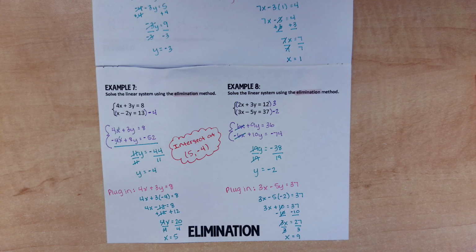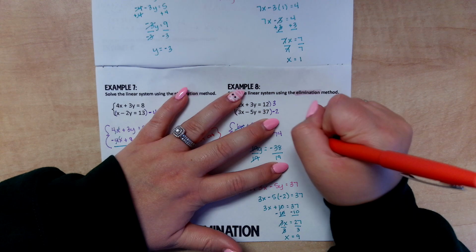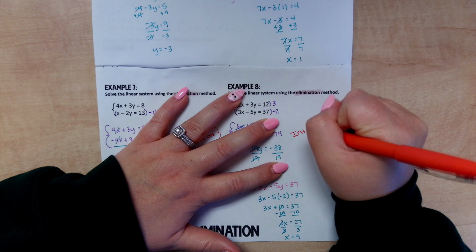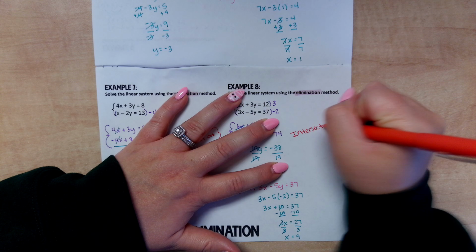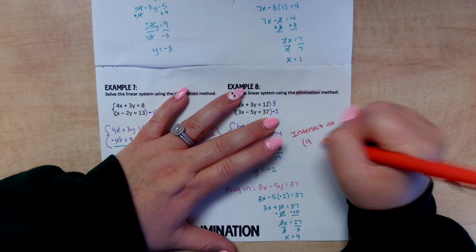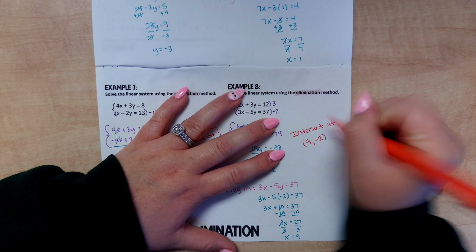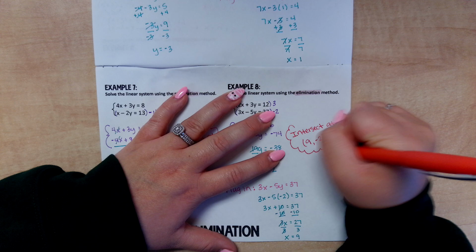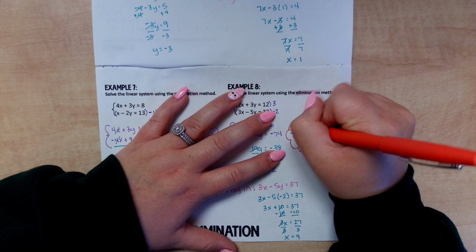There we go. And now you can finally tell me that they intersect at 9, negative 2, and that is a one solution answer.